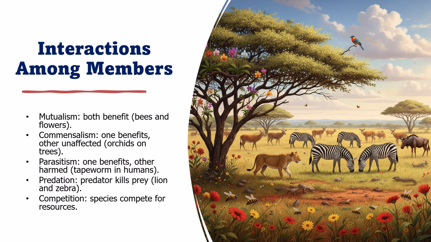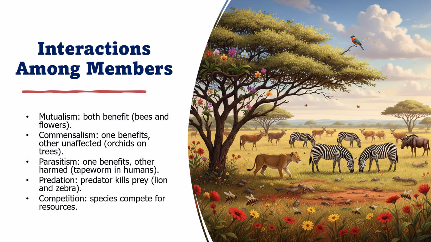Within a community, species interact in diverse ways that shape their structure and function. Mutualism benefits both partners, such as bees pollinating flowers. Commensalism benefits one species without harming the other, as orchids grow on trees. Parasitism benefits one but harms another, like tapeworms in humans.